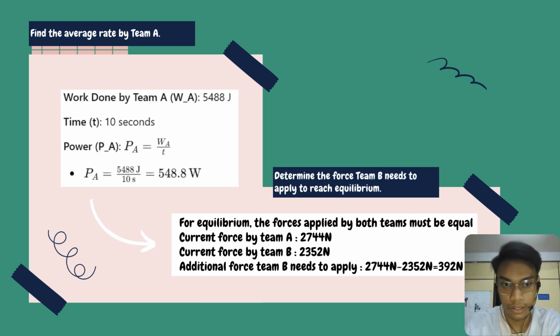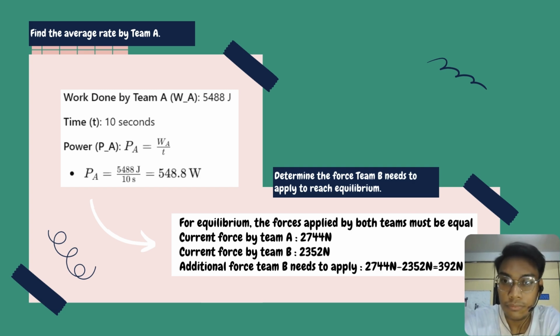Just substitute the value into the formula, and the average rate by team A is 548.8 watt. If the question wants you to find the average rate for team B, it is the same as how you found the power for team A. You just need to change the value for the work and the time if the time is changed.